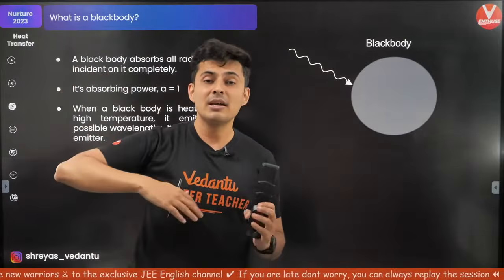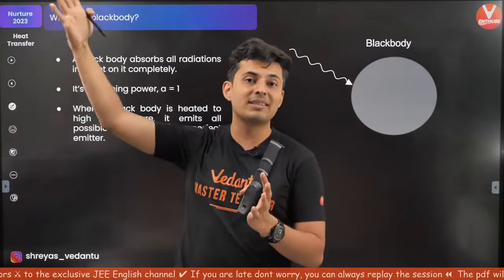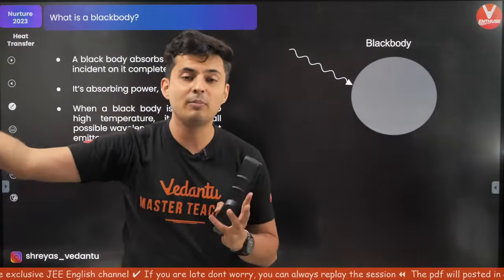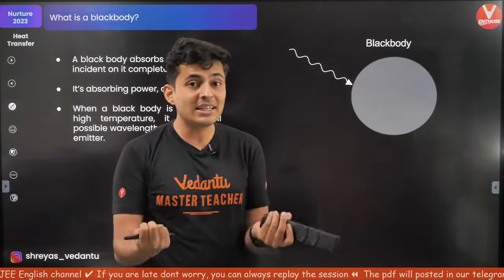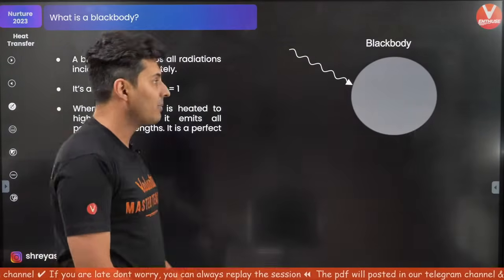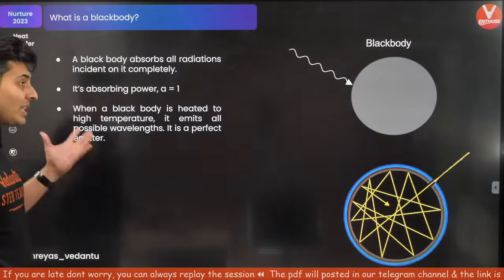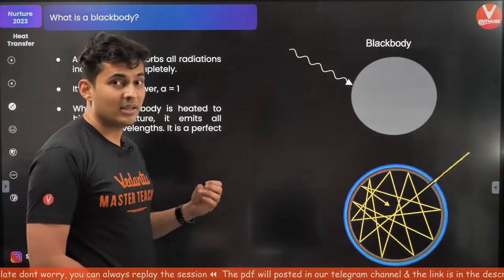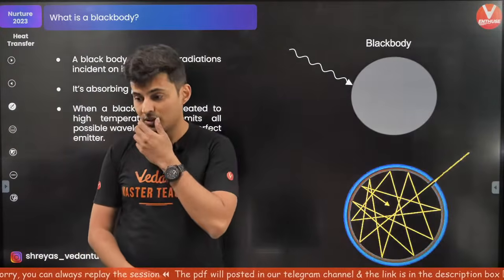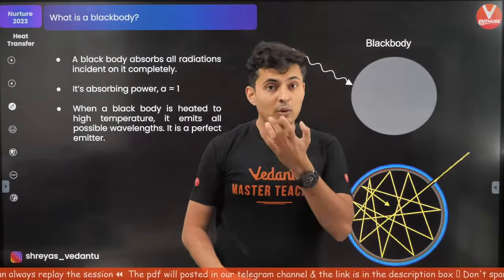Reflection happens because of some other source's light falling on it and bouncing back. Emission is happening from the body because of the temperature, and that can happen at higher temperatures and lower temperatures.